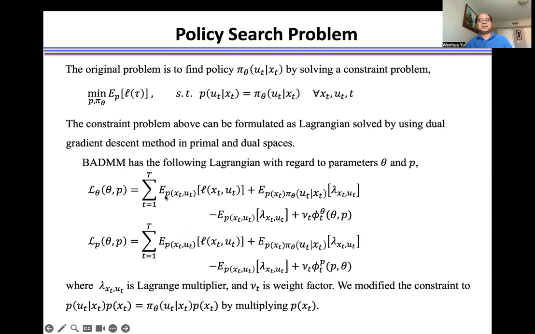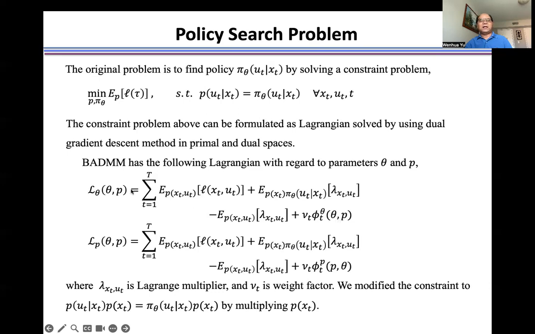That means here we use the chain rule, and we keep the same format, just divided by the P. In this way, we first keep the expectation loss, and then we add the expectation of the multiplier on this distribution and the multiplier on this direction plus the KL divergence.